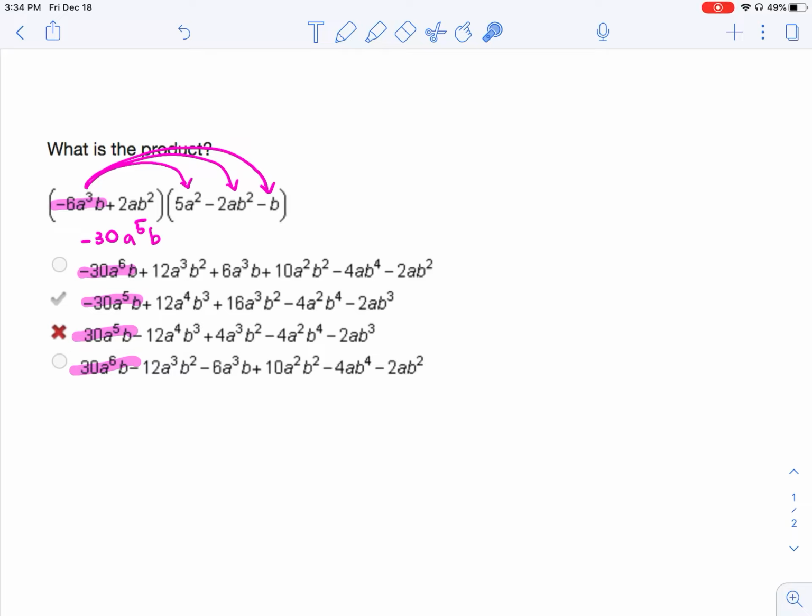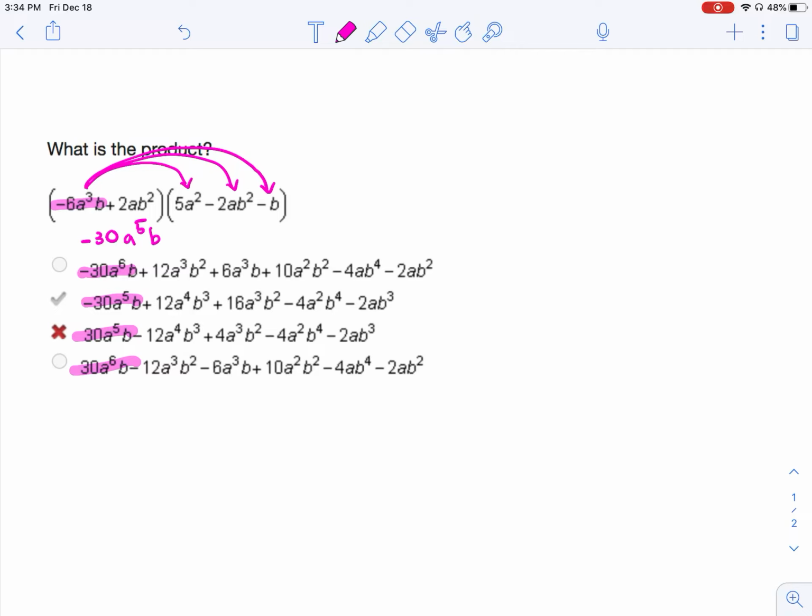But because the 6 was a negative, it's negative. So actually, if you wanted to stop here, we could, right? Just get this first answer choice. But I do want to show all the steps, so I'm going to keep going, but if you want to stop here, you can.